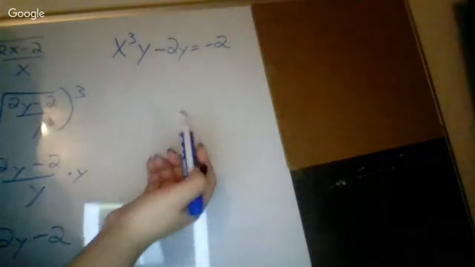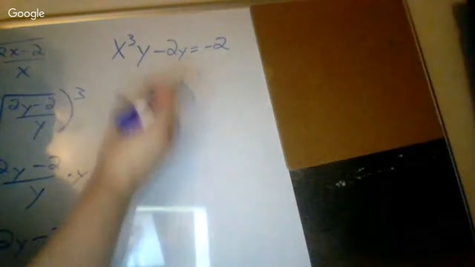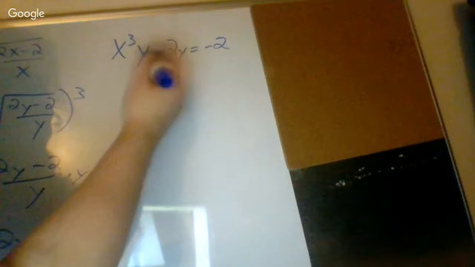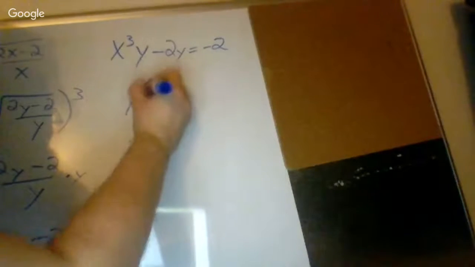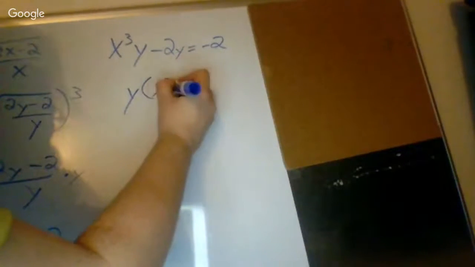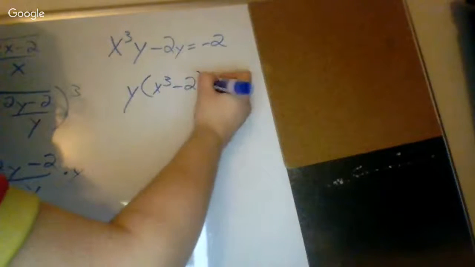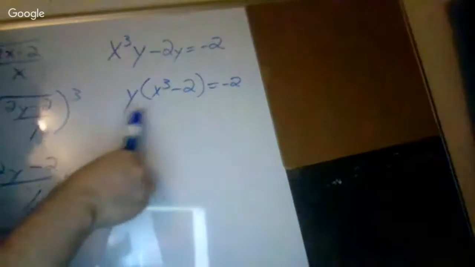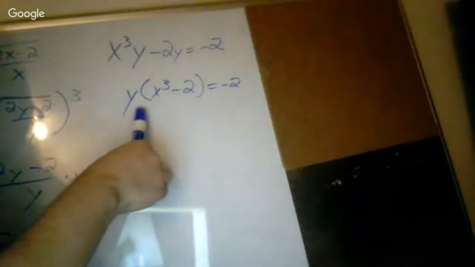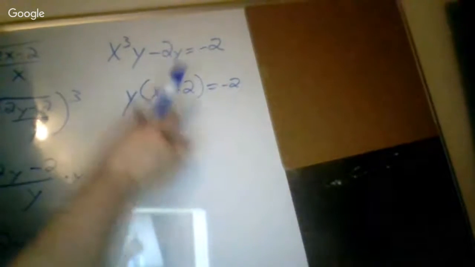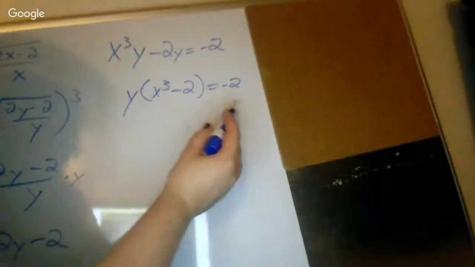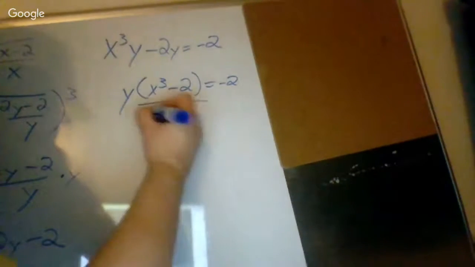So now in order to isolate the y's, or we want to get y by itself, so I'm going to factor it out right here. So that's going to give me y times x cubed minus 2 equals negative 2. So that gives us y alone by itself here. But since we still have the x cubed minus 2, we're going to divide it to put it on the other side.